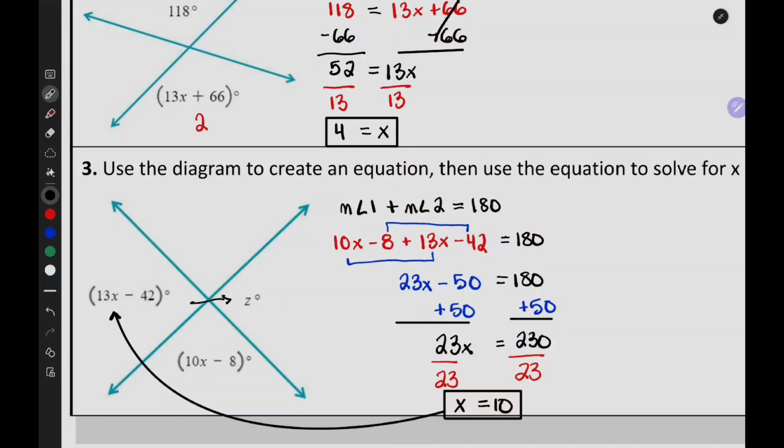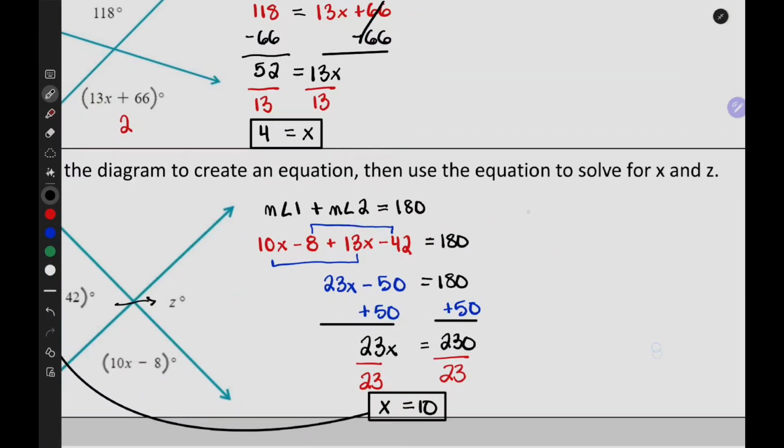So by finding 13x minus 42 when x is 10, I'm finding z. In other words, I can go ahead and say that z is equal to 13x minus 42. And so z is equal to 130 minus 42. And z is equal to 88 degrees.